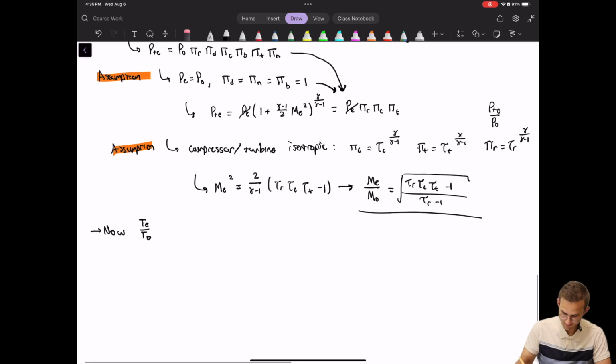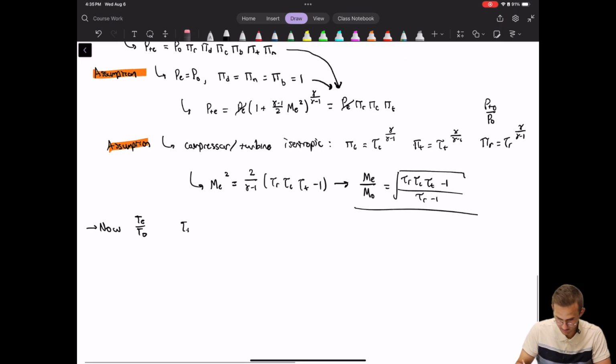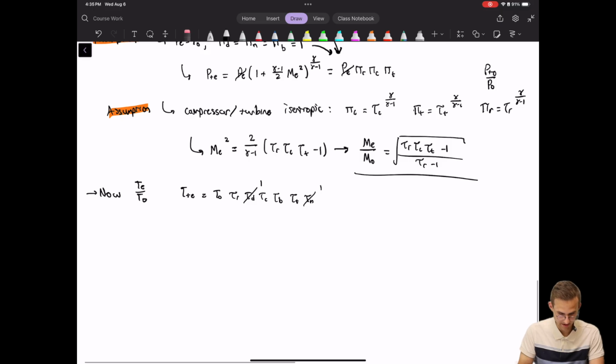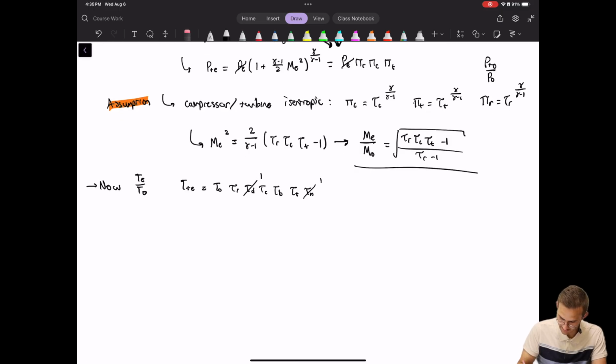So we know that Te is equal to T naught times tau R times tau D times tau C times tau B times tau T times tau nozzle. So we know that the diffuser and the nozzle both go to 1, right, because they're isentropic. And we can write Tte basically following the same sort of logic that we did for the pressure.